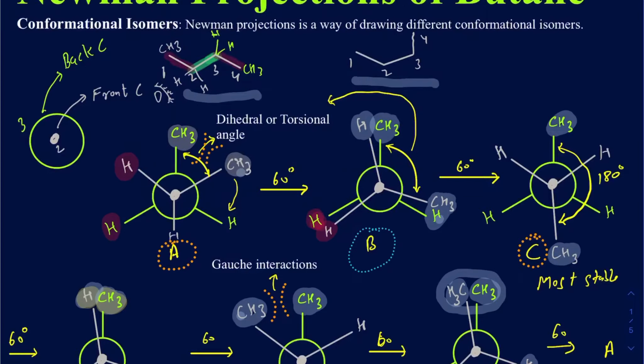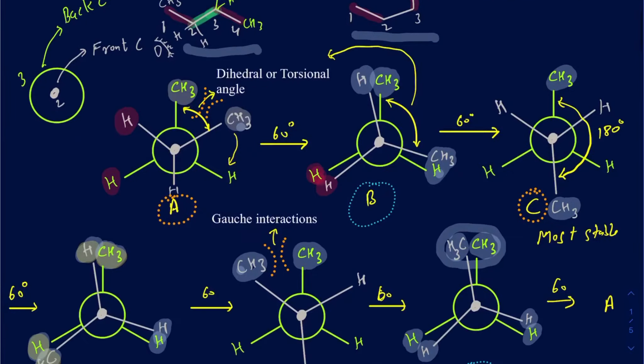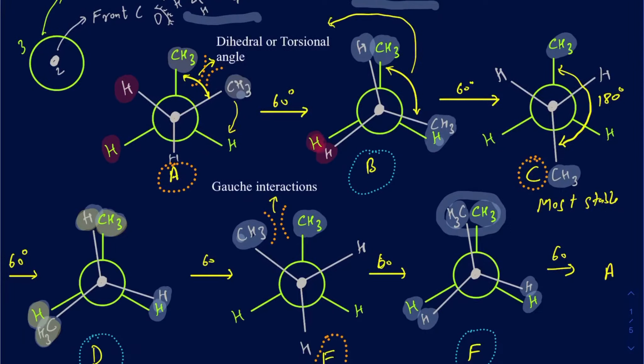So this particular one resembles your conformation C. But when I'm looking at the second structure that we have drawn, those two methyl groups are syn to one another, or another way of saying it, they're eclipsed to one another, and that's going to resemble your F conformation. So since the F conformation is an energy cost conformation, C is going to be the most stable.